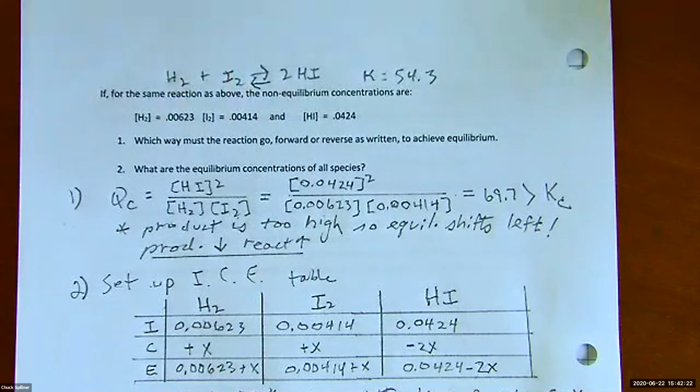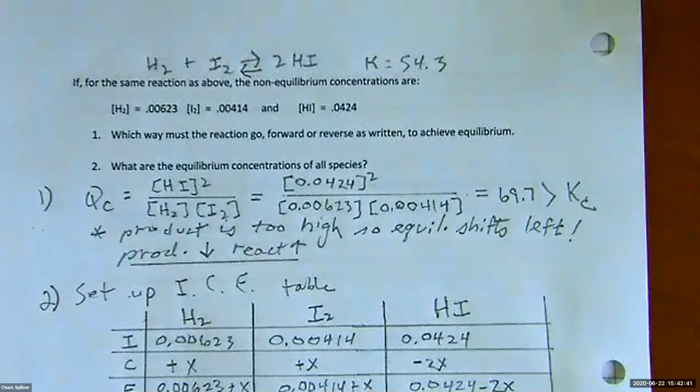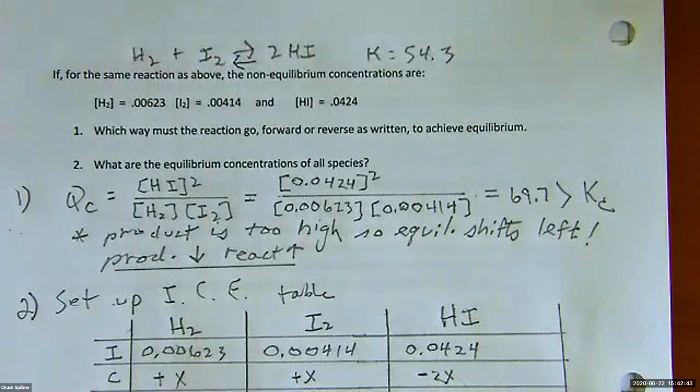In this case, we're starting with a mixture of reactants and products. So we have H2 is 0.0623 and I2 is 0.0414. These are all molarities. And HI is 0.424. So which way must the reaction go, forward or reverse as written, to achieve equilibrium?